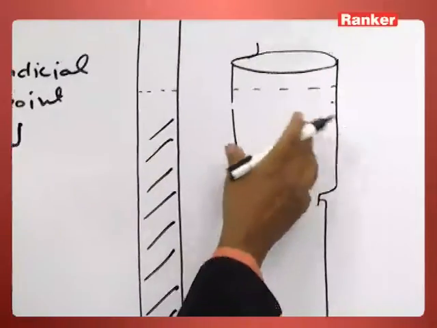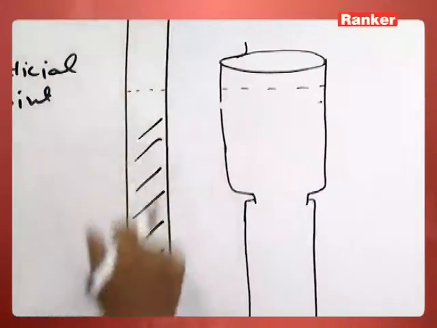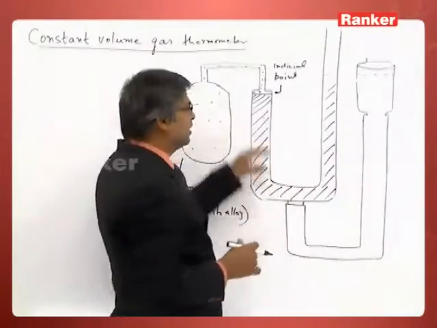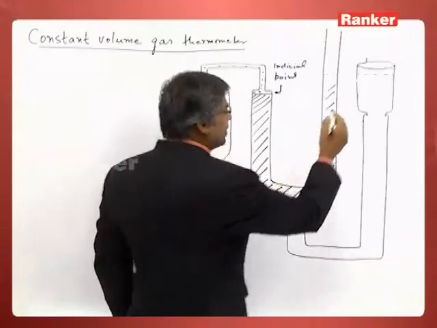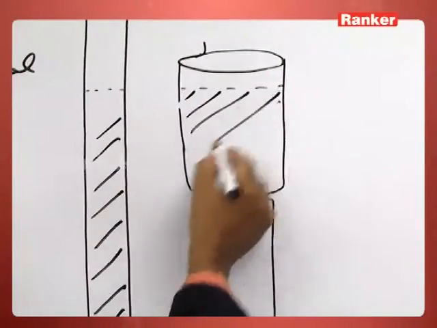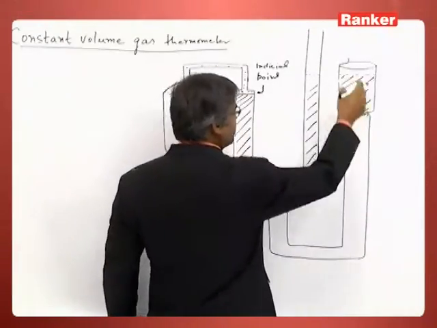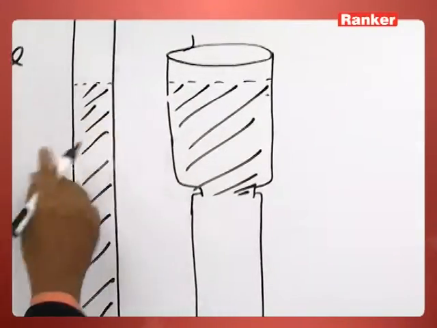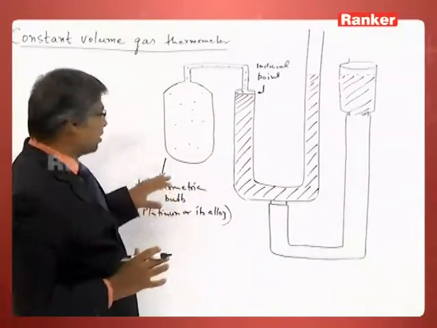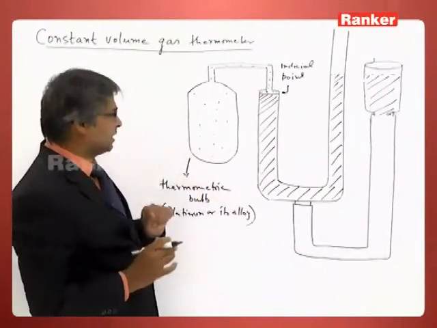This is the reservoir, so that the level of mercury can be changed in this U tube. This is the reservoir and this is the mercury here also. So, this is the schematic diagram of a constant volume gas thermometer.